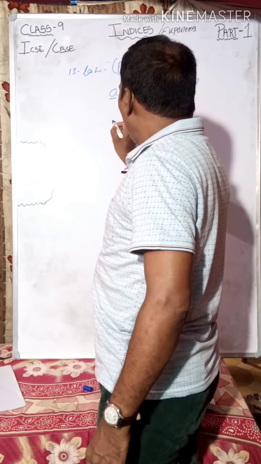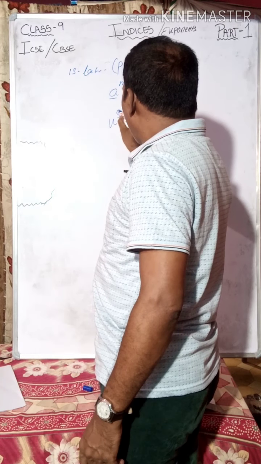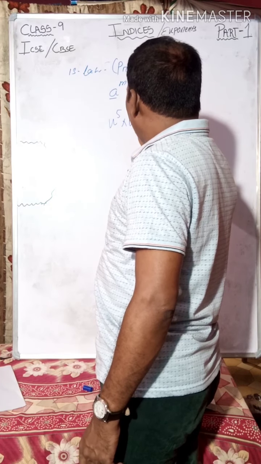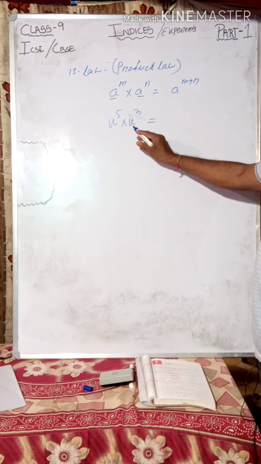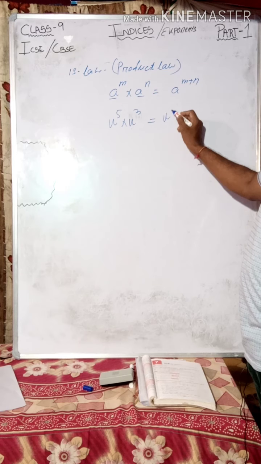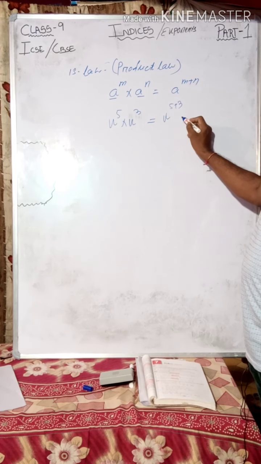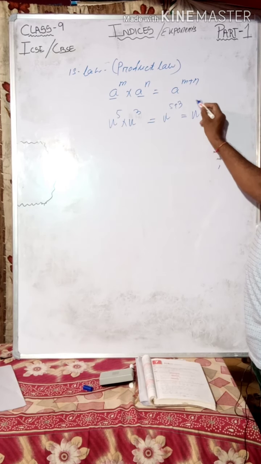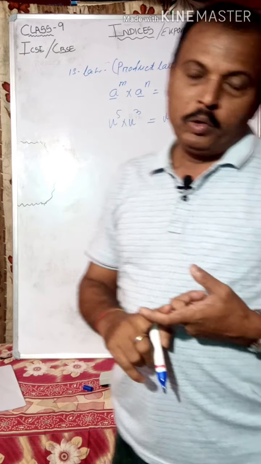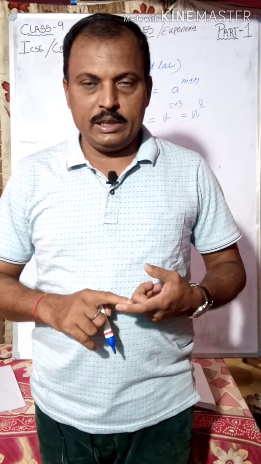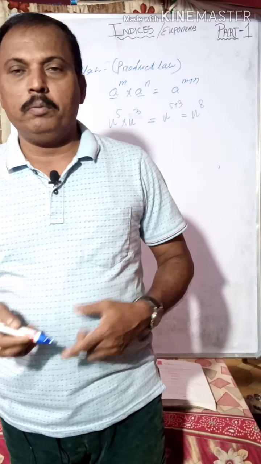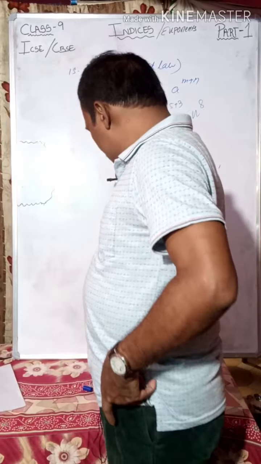Just an example, x to the power 5 into x to the power 3 is equal to x to the power 5 plus 3, that is equal to x to the power 8. One example. We will do many more examples and questions after discussing the rules of indices.